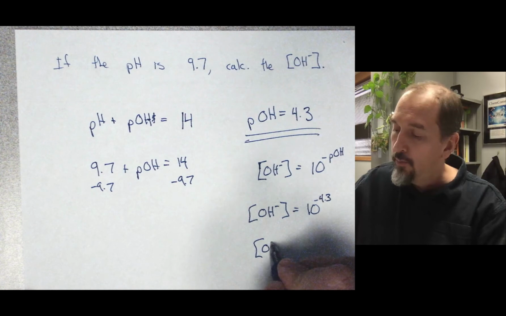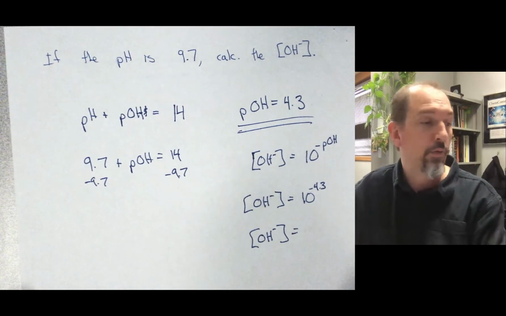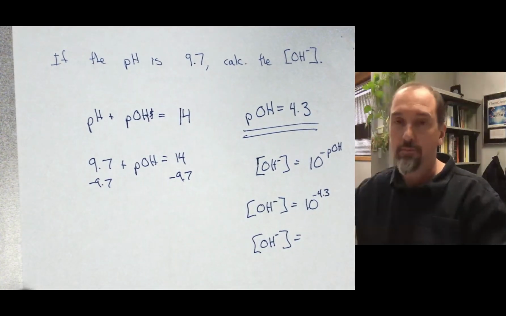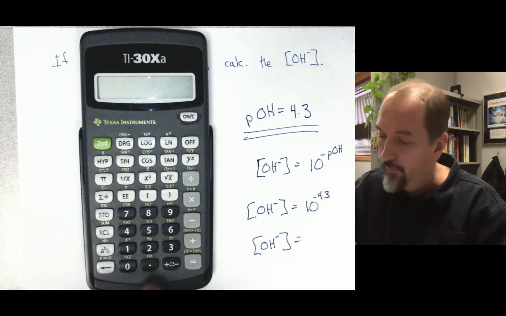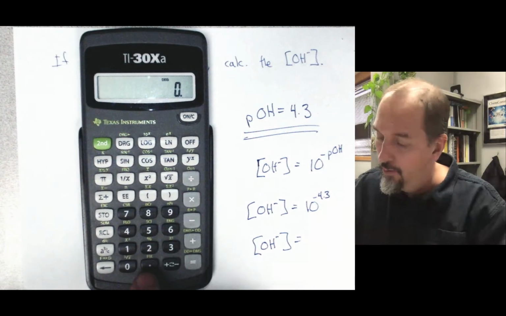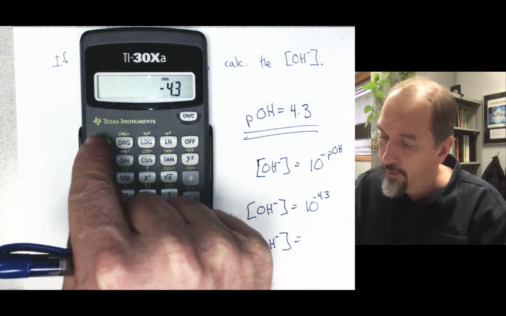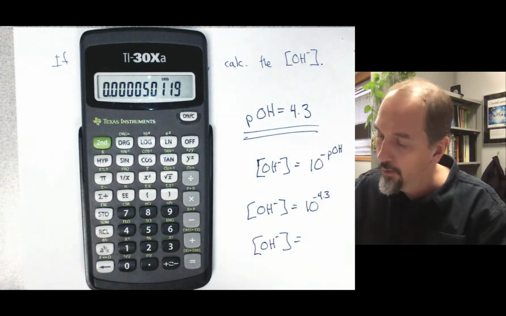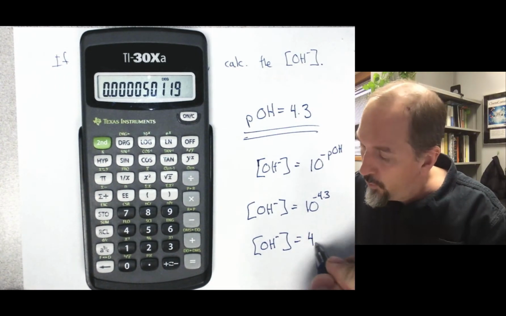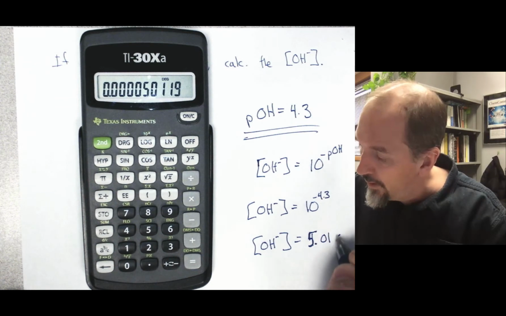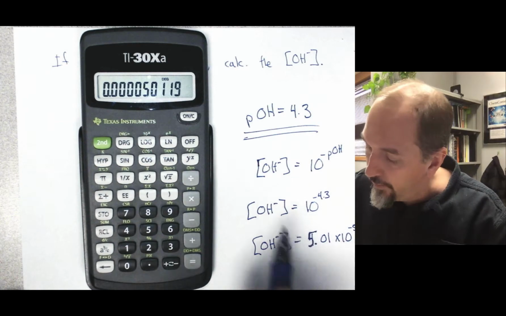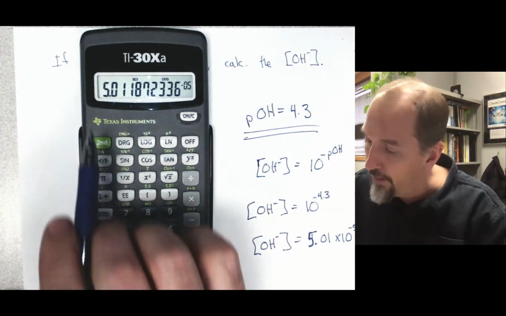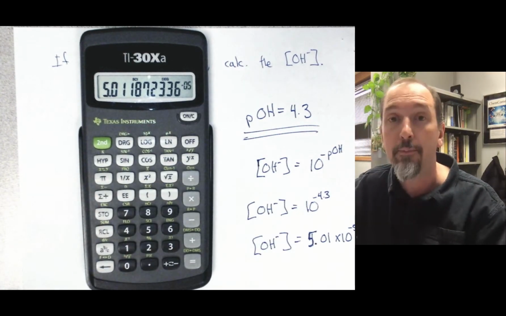So my OH minus concentration will be equal to, 4.3 negative second log, 5.01 times 10 to the minus fifth. Let's just double check that. Yeah, 5.01 times 10 to the negative fifth.